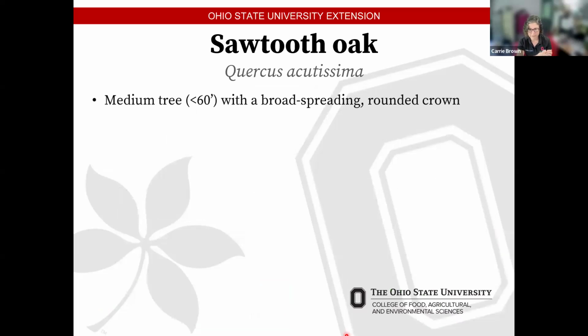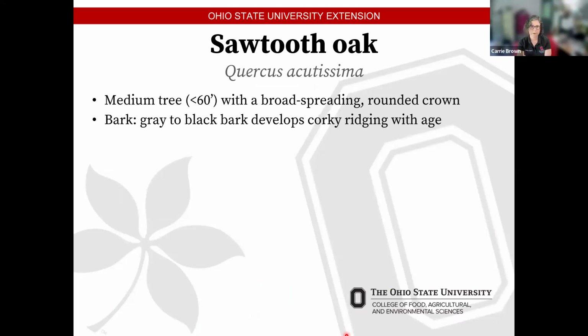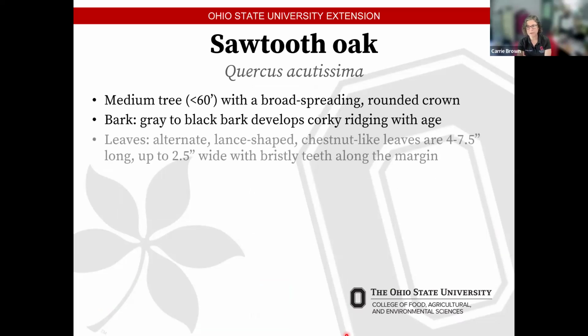It's a medium-sized tree. It has a broad, spreading, rounded crown like many of our oaks. The bark is gray to black, and it develops corky ridging as it ages. The leaves are chestnut-like, so if you're familiar with a chestnut oak, those leaves do look similar, but they tend to be narrower, so less wide, but maybe still some of the same length.